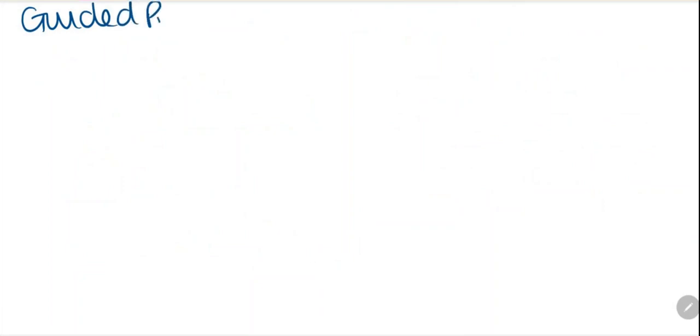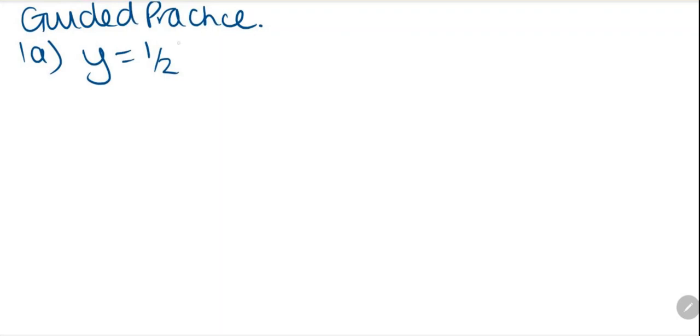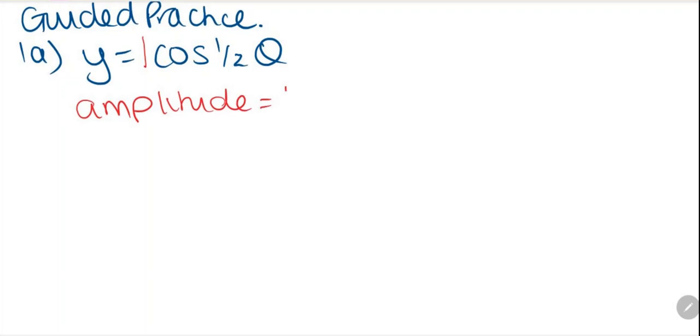So the guided practice. Question 1: y is equal to 1 cosine a half theta, and we need to find the amplitude and period of the function. The amplitude, which is a, is equal to 1, because it's 1 cosine.